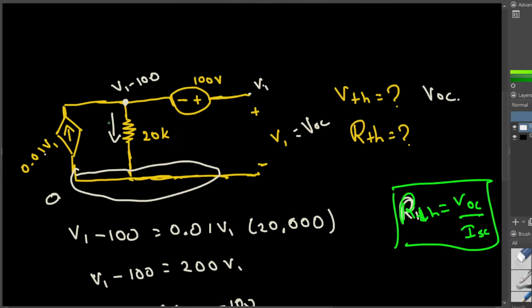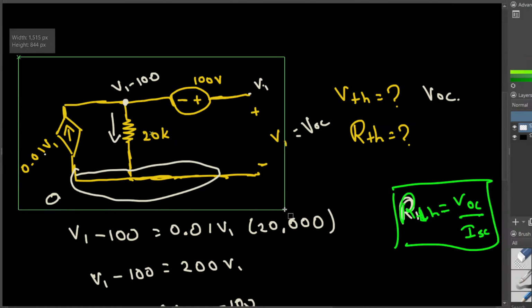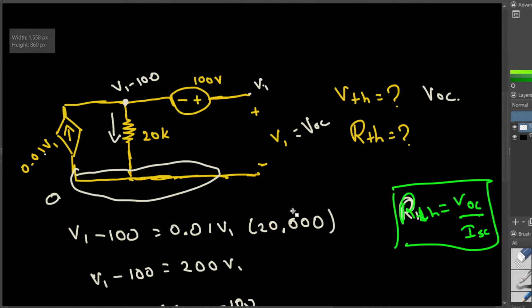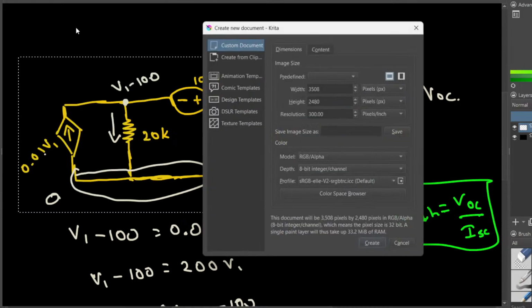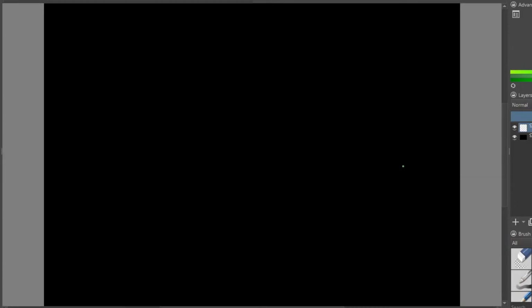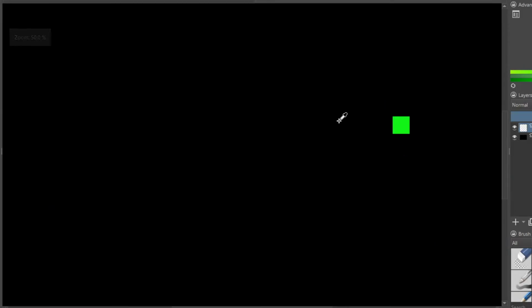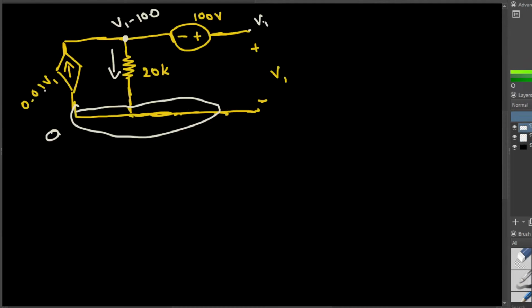To find the ISC, we can bring this circuit and make a short circuit with this. Okay, let's do that. I'm going to copy this circuit and edit it in the next page. Control C. I'm going to create a new page. Okay, here we go.